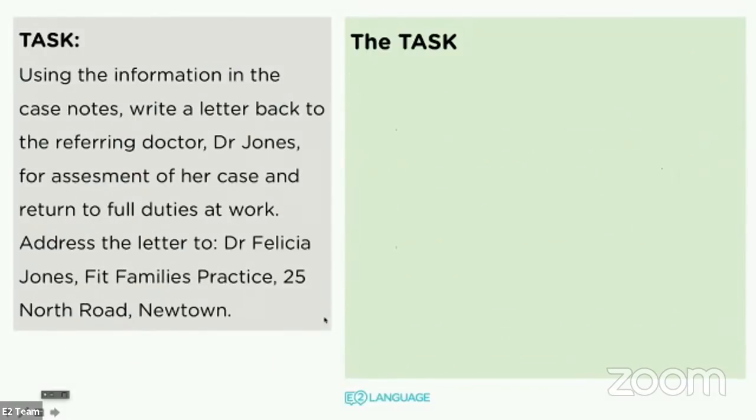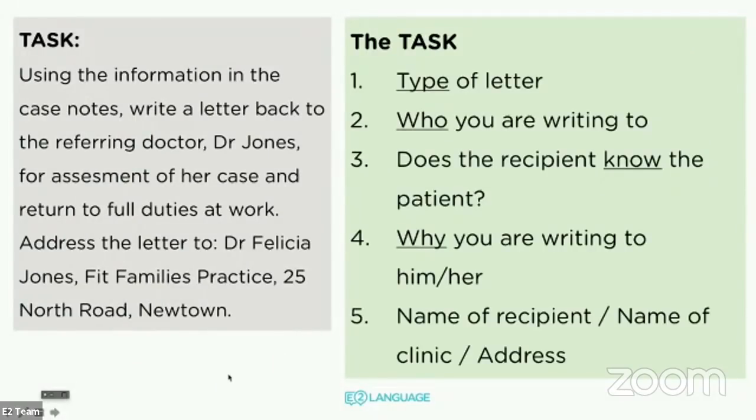Whew, that was a tough one. Let's try another one. One more, and then we're finished. Let's give you a hint with this one.